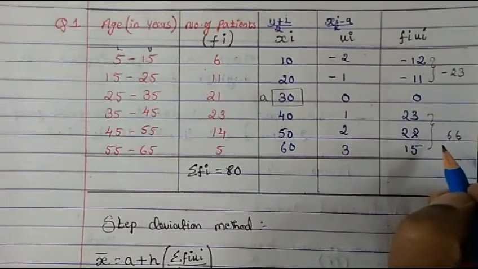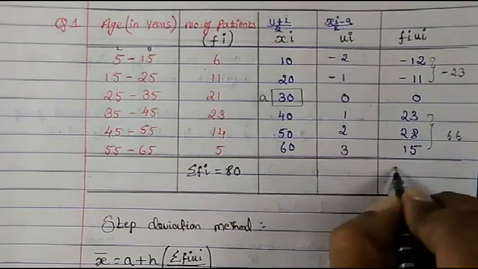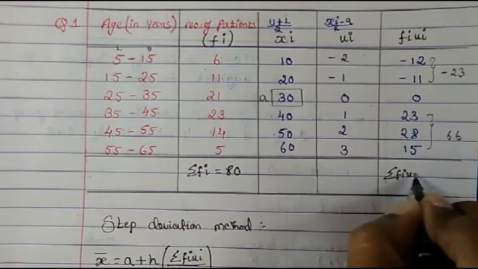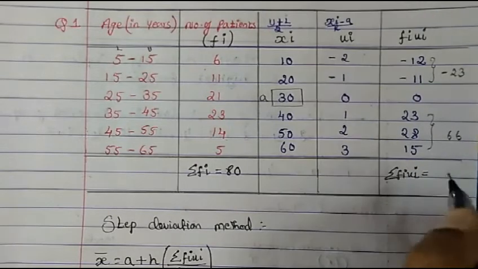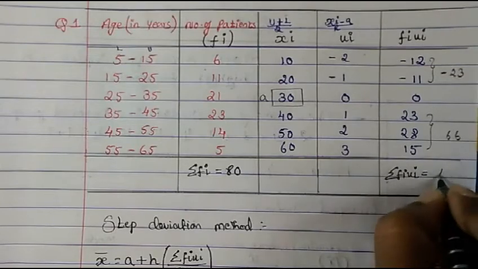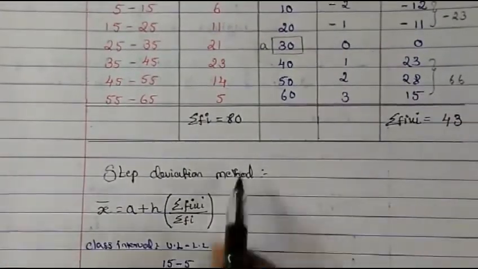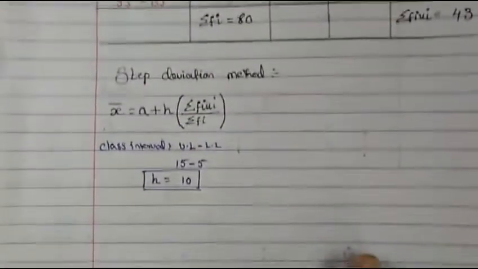So you have plus 66 minus 23. So then summation of fi ui, from 66 you minus 23, you'll get 43. Okay, so now we have all the values with us. Just put it in the formula.